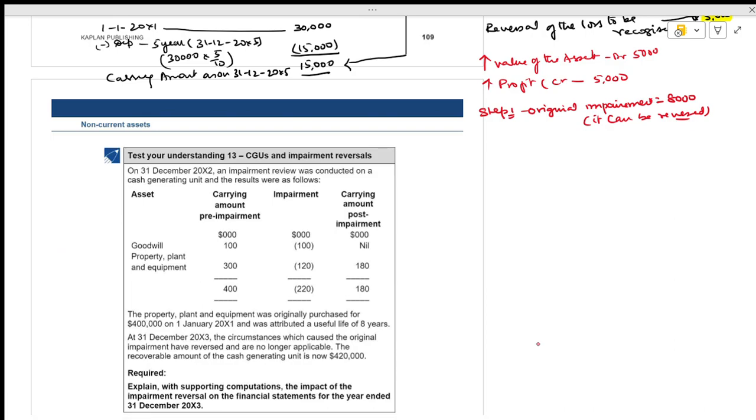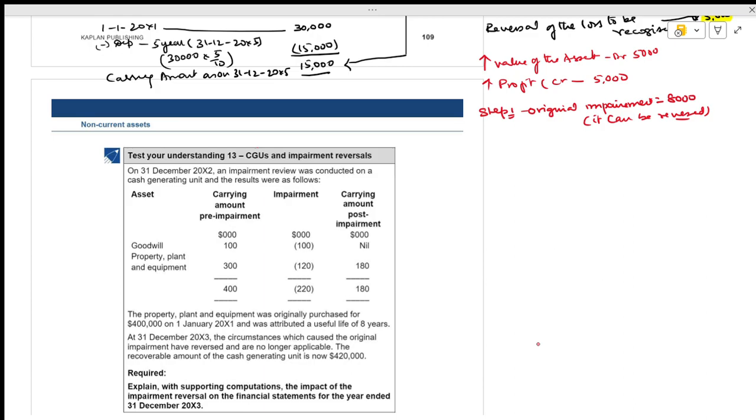Now we are talking about two things: a cash generating unit and impairment reversal. On 31st December, an impairment review was conducted. Cash generating results were as follows. Carrying amount is there, impairment is there.